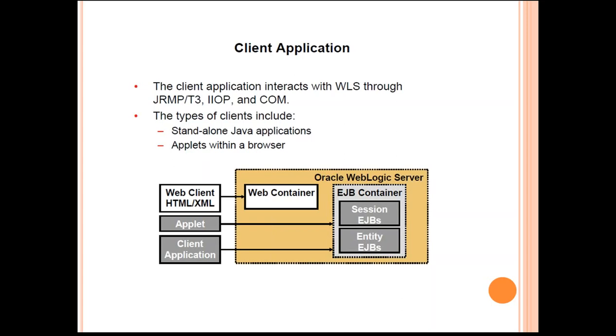That means your WebLogic server is hosting some application, say IRCTC or any other main application. For example, you can get the PNR status from multiple applications outside, but the PNR status of Indian Railways is available from IRCTC only, right?